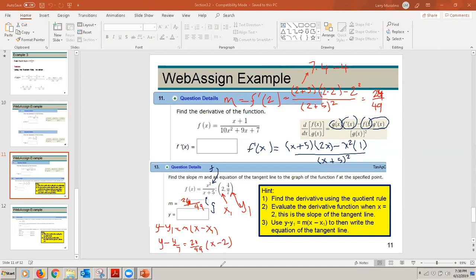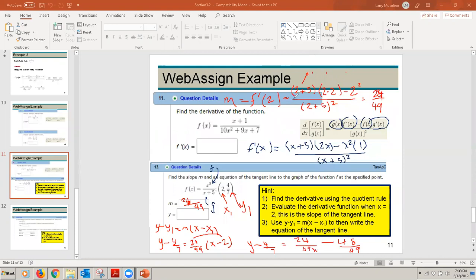Now of course you can solve this equation for y. It's going to be y minus 4/7 equals 24 over 49 x minus, and when I multiply this inside, it looks like it's going to be 48 over 49. The last step would be adding 4/7 to both sides of the equation. I'll let you do that to finish up and come up with the equation of the tangent line.